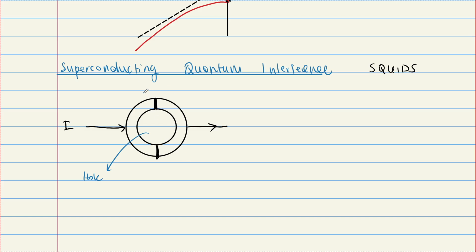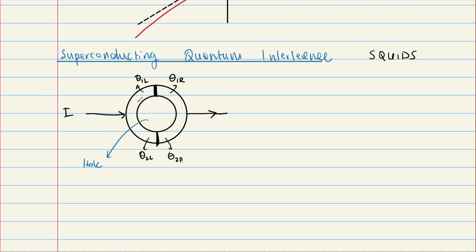I have one phase difference here, like this is theta 1 left, theta 1 right, and this is theta 2 left, theta 2 right, here and there. They are local phases. And because this is a parallel circuit, the total current is this current plus this current.